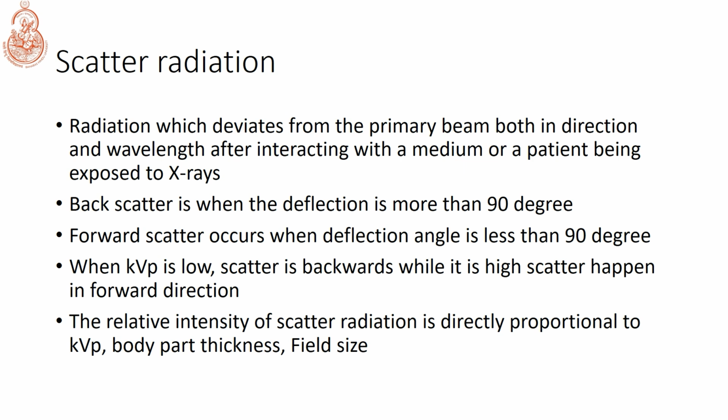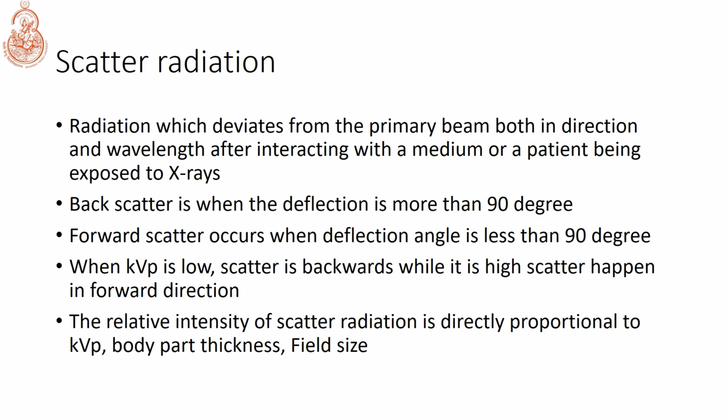When we have the kVp setting low, the scatter that we get is backscatter, while if we increase the kilovolt setting in the machine, we get forward scatter.